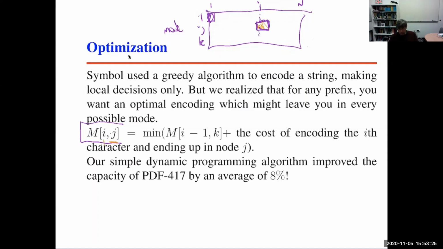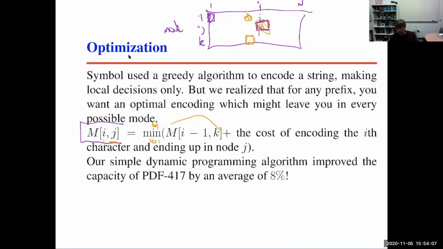I claim this is the min over all modes k from 1 to 4 of the cheapest way to encode the first I-1 characters of the text, ending up in mode k, plus the cost of going from here to output the character in the ith position, and ending up in mode J. So this might be latch into mode J and output the code.